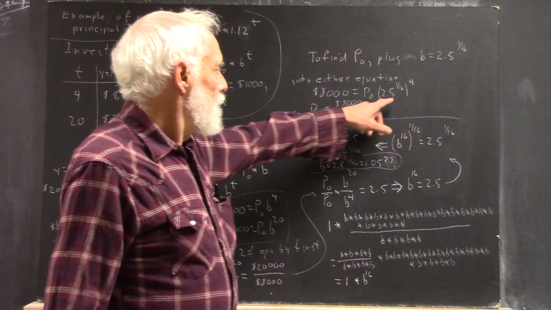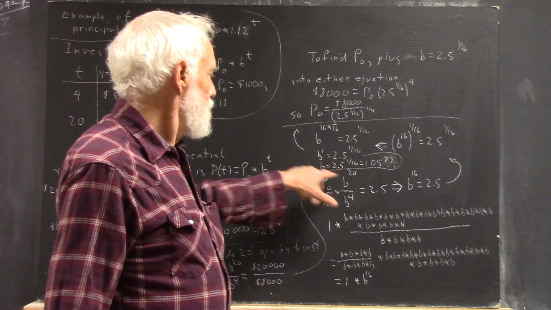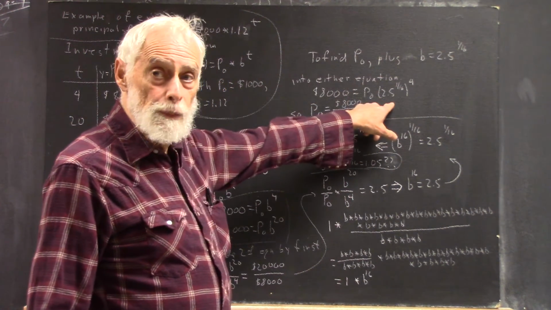Okay, b is 2.5 to the 1/16th, whatever that is.